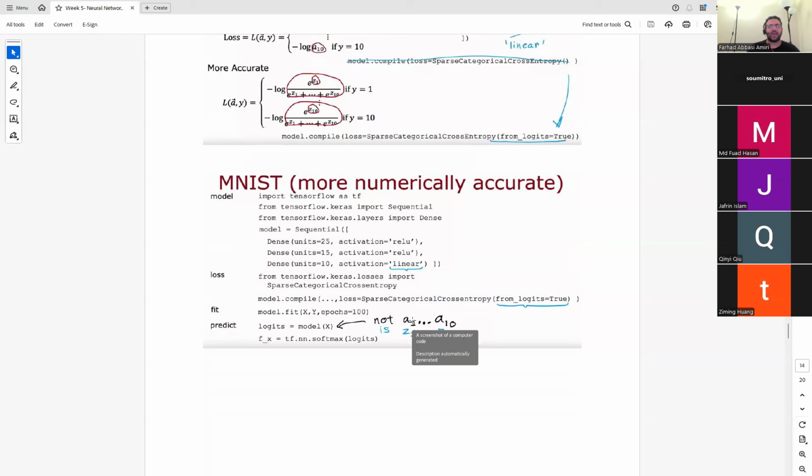But we know that the output of the neural network is the A value. So by writing this line, softmax of this logit, softmax of the Zs gives us the A values, which are our predictions, which are our neural network outputs. So in this way, you can optimize your code in multi-class classification.